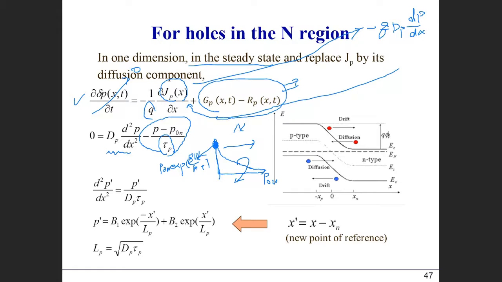In here, P represents your hole concentration minus p_n0, which represents the thermal equilibrium hole concentration. So P minus this one represents any excess hole concentration, which decays with this tau_p. Okay, that represents this generation and recombination process.